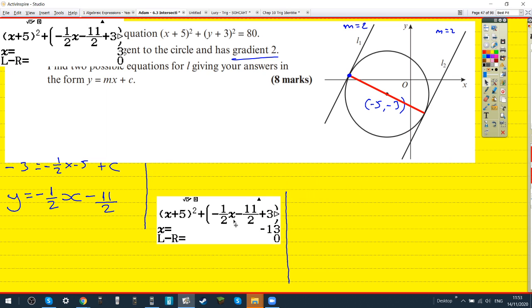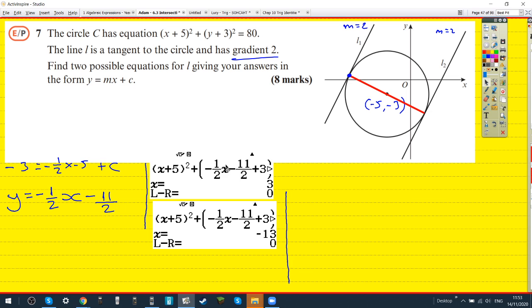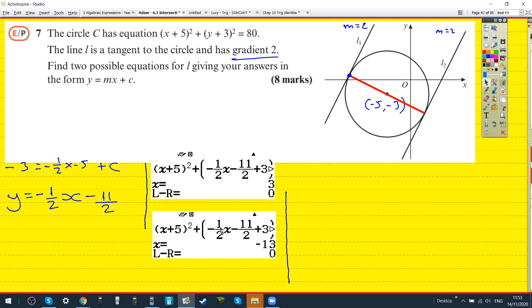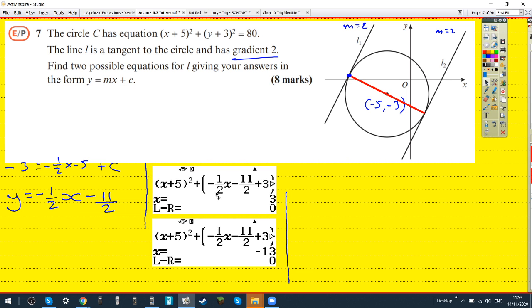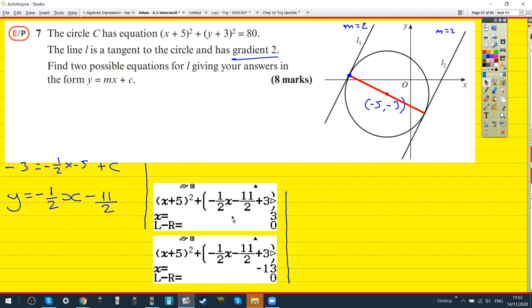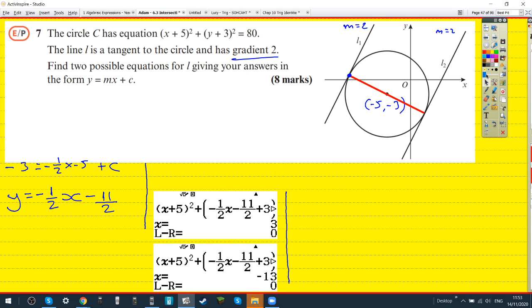So you do -0.5 multiplied by 3, which is minus 3 over 2. So y equals minus 3 over 2 minus 11 over 2. Then you simplify, which gives you minus 7. So y equals minus 7. So the first one would be written out as 3 comma minus 7.